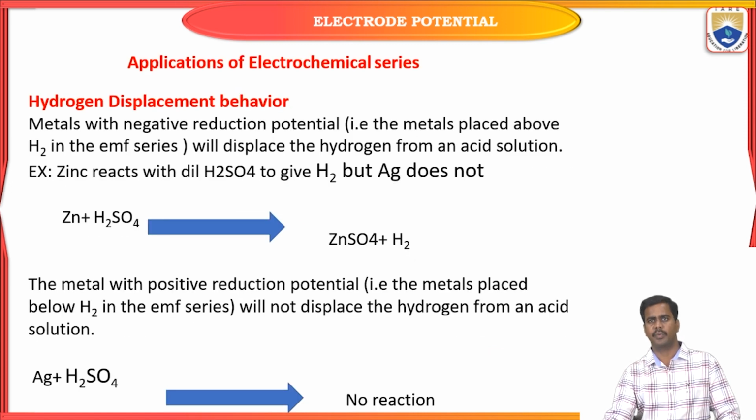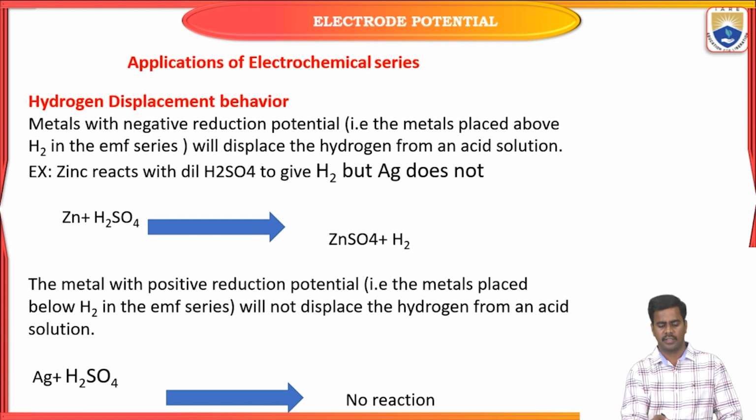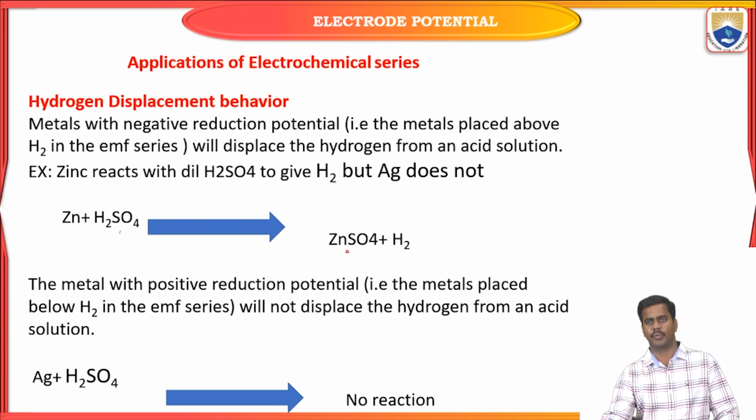Next, hydrogen displacement behavior. Metals with negative reduction potential will displace the hydrogen from an acidic solution. For example, zinc reacts with H2SO4 to form ZnSO4 and H2. But silver does not react.